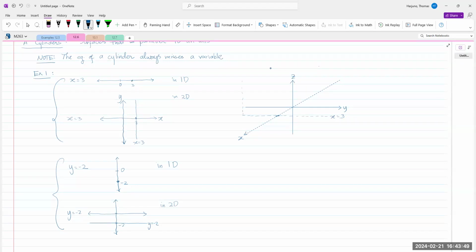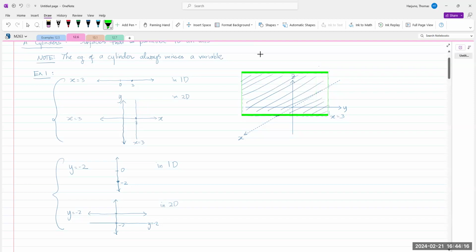What do you see? You see a plane. And this plane is not just this rectangle; it is extendable to the left, right, and up and down. So you end up with this plane, the plane x equals 3. Maybe I draw a rectangle from this point to that point. This is in 3 dimensions.